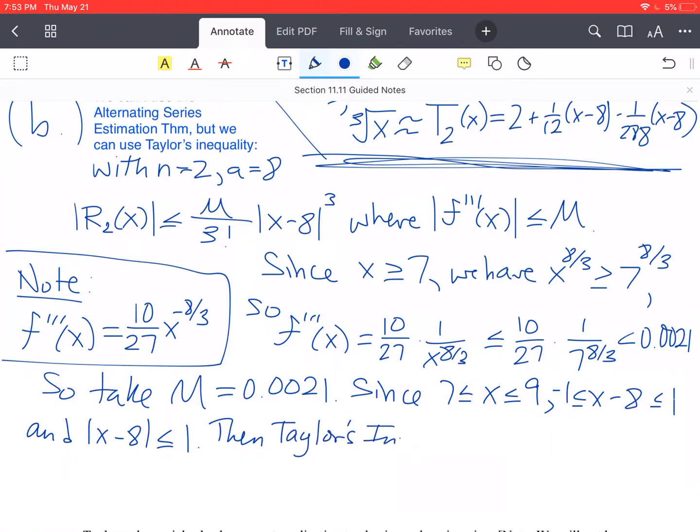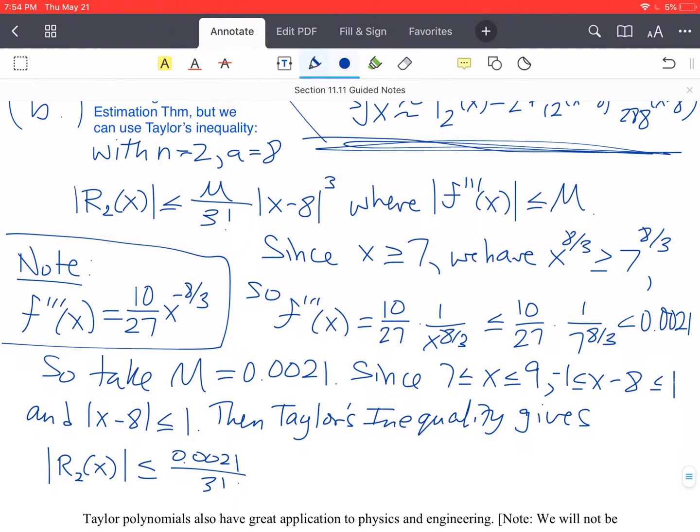Then Taylor's inequality gives us the following. It gives us the absolute value of R sub 2 of x is less than or equal to 0.0021, M, over 3 factorial, times 1 cubed.